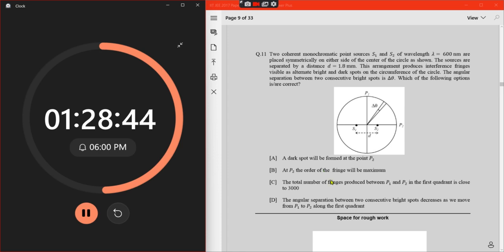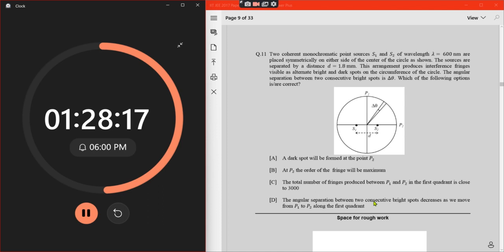C looks correct. The angular separation between two consecutive bright spots decreases as we move from P1 to P2 along the first quadrant. Okay, how does it go? Just d sin theta is equal to n lambda. So if we differentiate this, approximately, you could think of it like that, lambda is equal to d cosine theta and then delta theta, right?